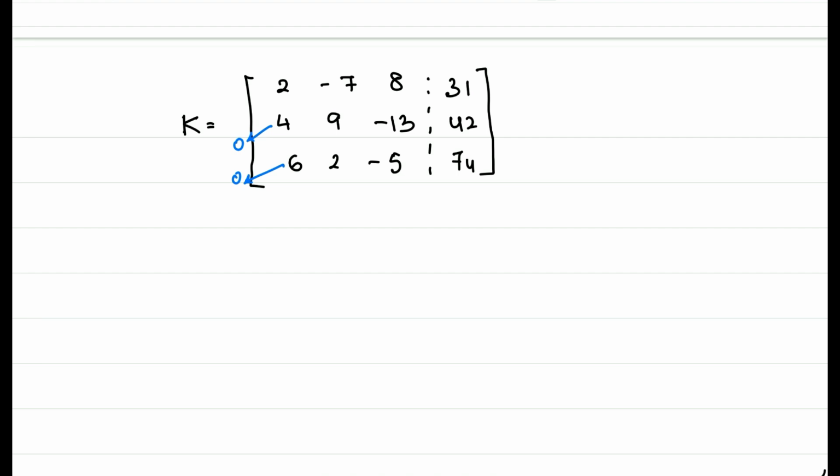Whenever you are operating with a row, that row will not change. We are operating with R1. Here we will write R2 minus 2R1, and here we will write R3 minus 3R1. These two operations we will do and we will see the result.